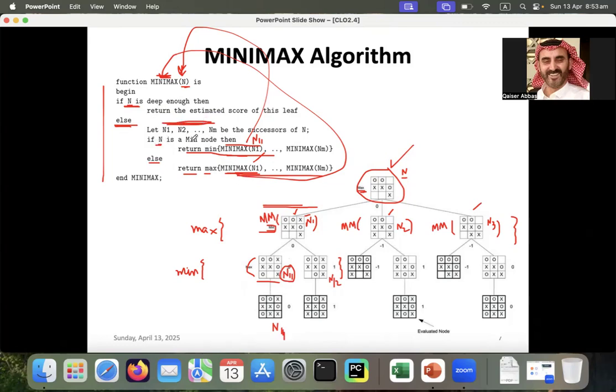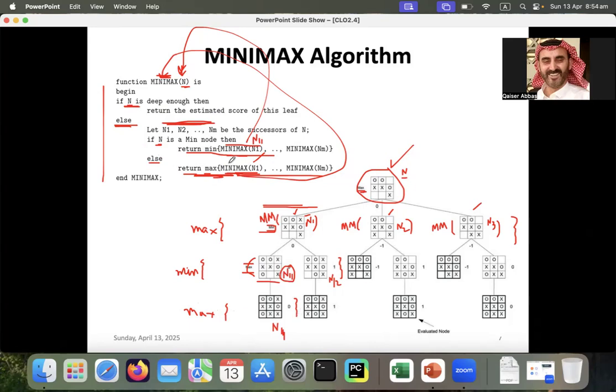And then I am checking if N is a min node. N11 is a max node, not a min node. It is written here, max. So if it is a max node, then I will come to this line and then I will write max, and then the curly bracket, and the curly bracket will end.